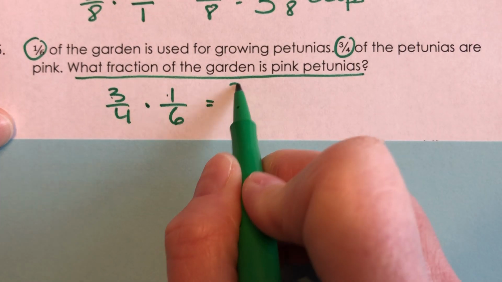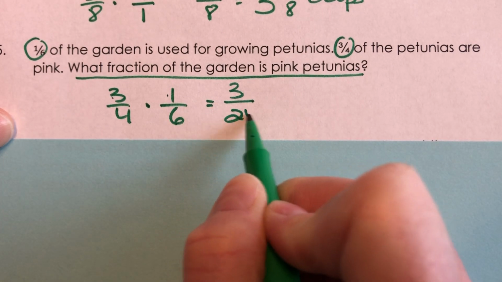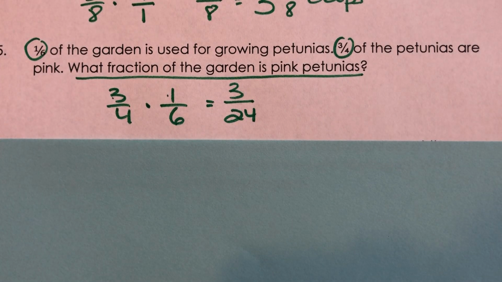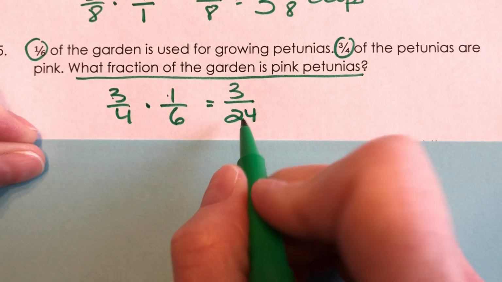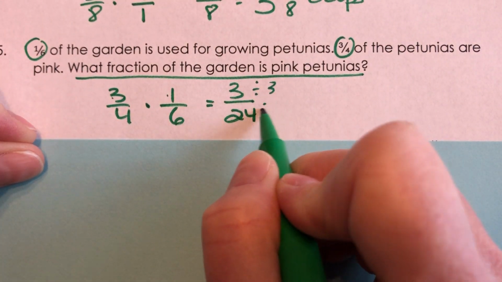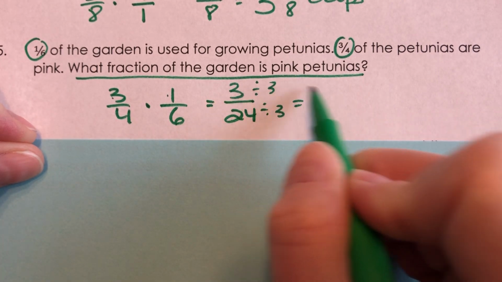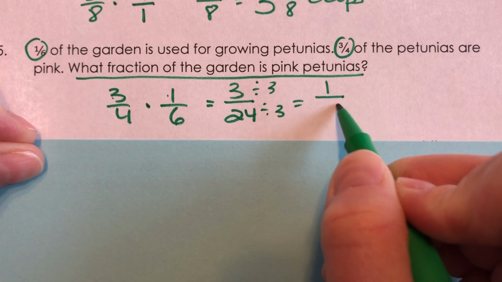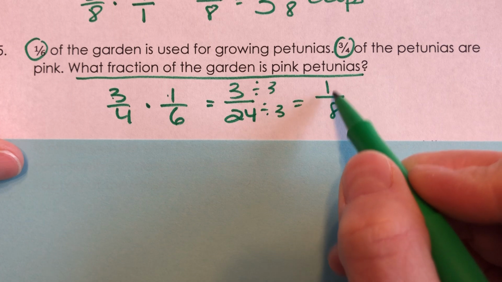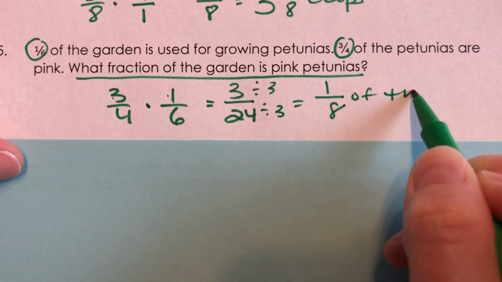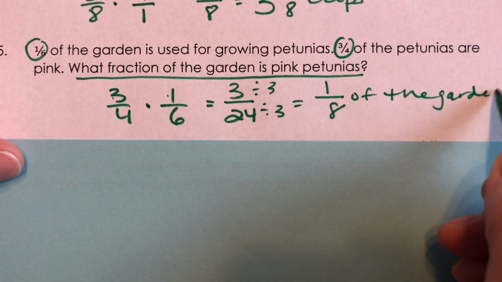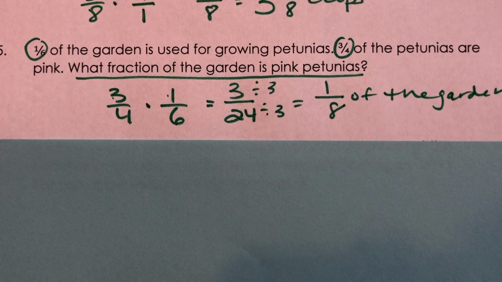I'm going to multiply my numerators. I multiply my denominators. And 3/24 is okay, but we can write it in a better way because 3 goes into both of those. So you should divide them both by 3. 3 divided by 3 is 1. 24 divided by 3 is 8. So 1/8 of the garden is pink petunias. That's fun to say.